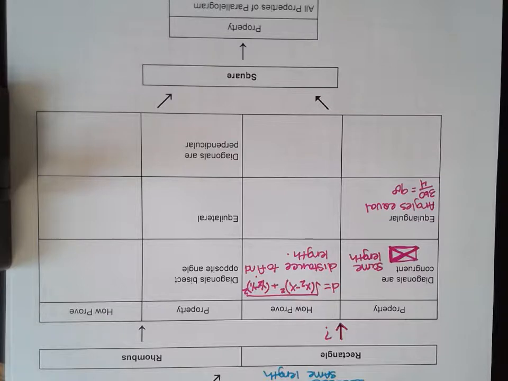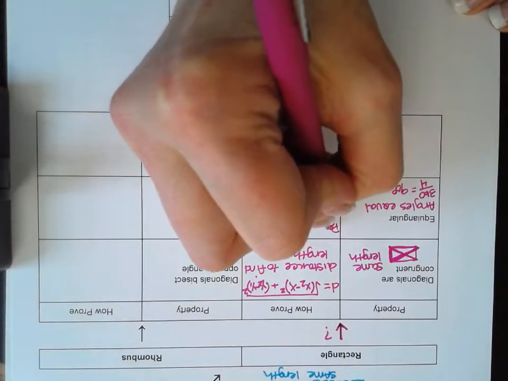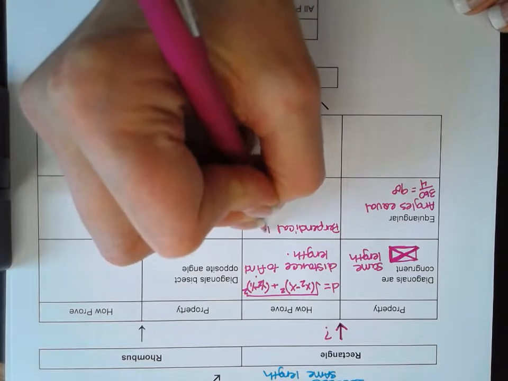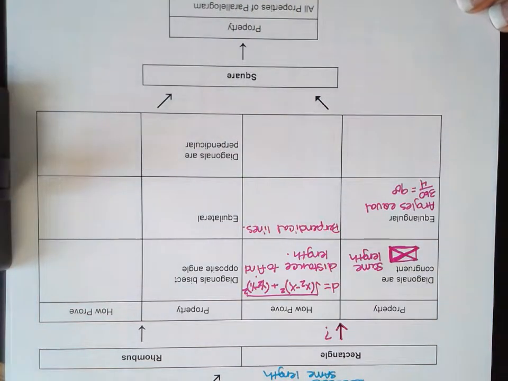Okay. So, how do you tell if two lines form a right angle? Not the length. It's about the intersection. They're perpendicular lines. Okay, and how do you tell if they're perpendicular lines?